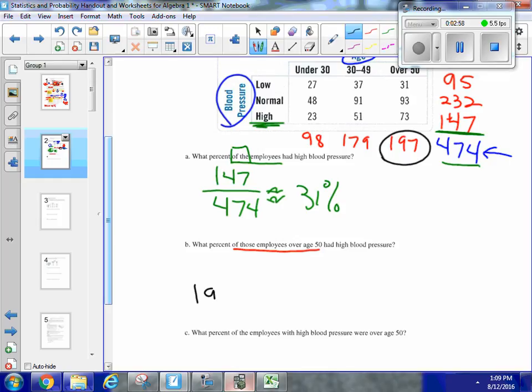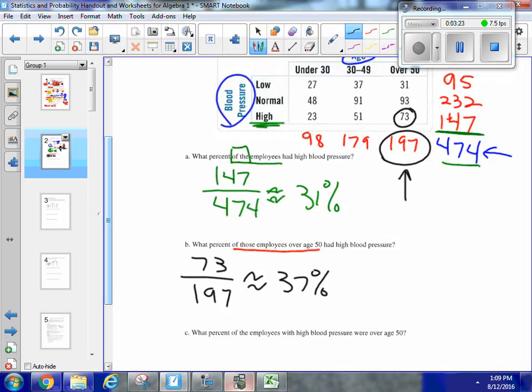Those are all the employees over age 50. And what percent of them had high blood pressure? Well, of the employees over age 50, the high blood pressure was 73. So 73 divided by 197 is approximately equal to 37%.